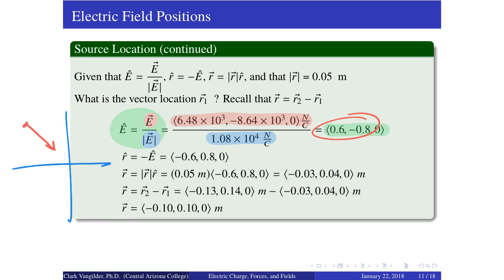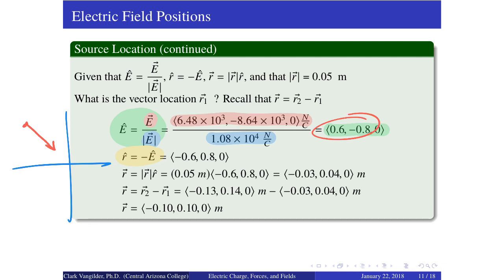Now, this right here is true by virtue of the way we define vectors and the fact that the electric field is directed along this position vector line between the two, the source and the location that we're measuring at.